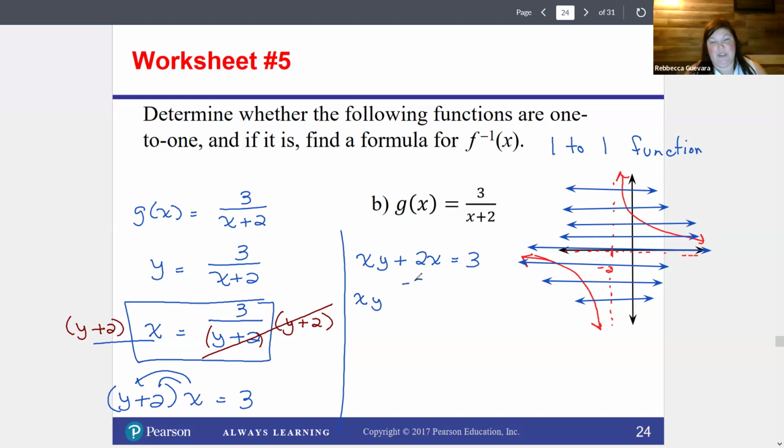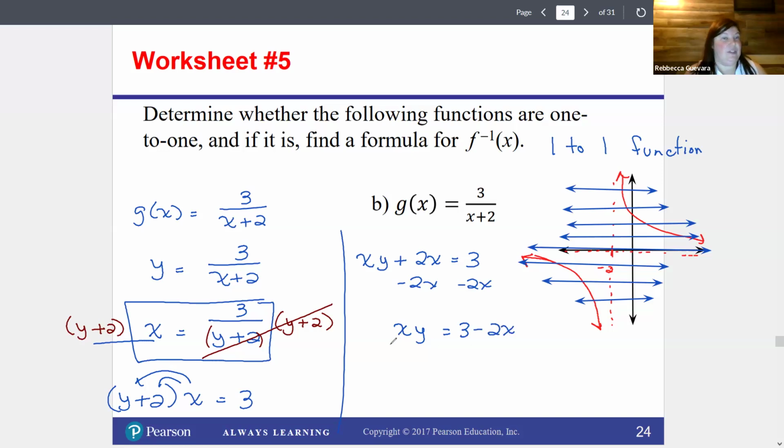So first thing I'm going to do is subtract that 2x. Give myself a little extra room here. And then you'll have xy is just going to be 3 minus 2x.